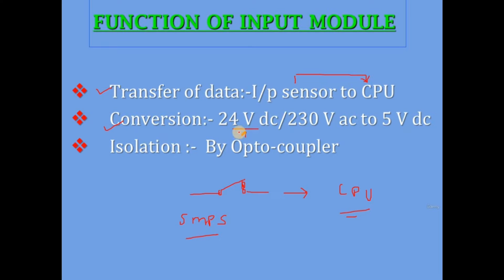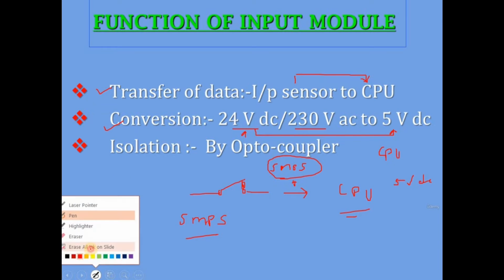Here you can see, if you provide a 24 volt DC power supply to the PLC, it will convert it into 5 volt DC, since the required power supply for our CPU is 5 volt DC. That is the reason the conversion takes place. You can also directly provide a 230 volt AC power supply, but in between there will be the presence of an SMPS. Only then can you accomplish the desired power supply.